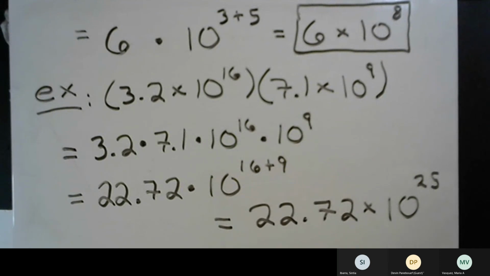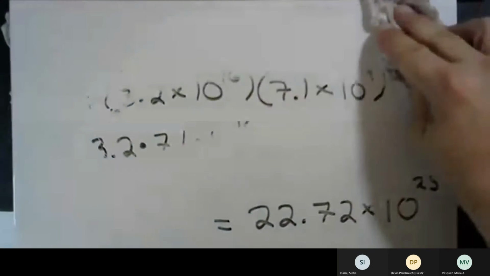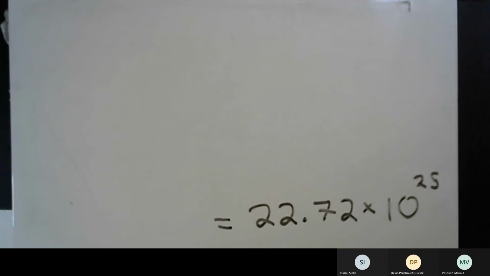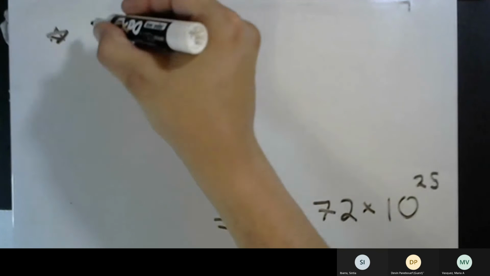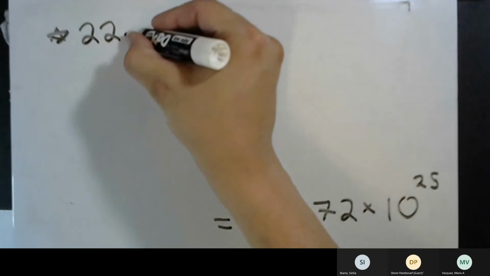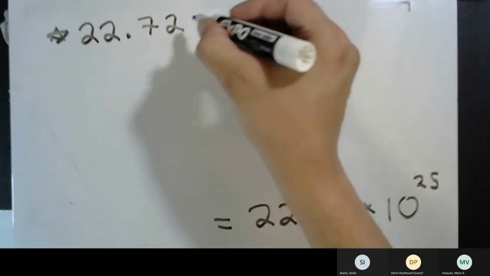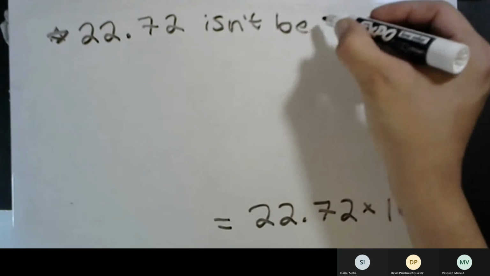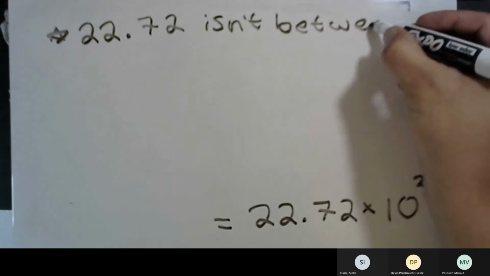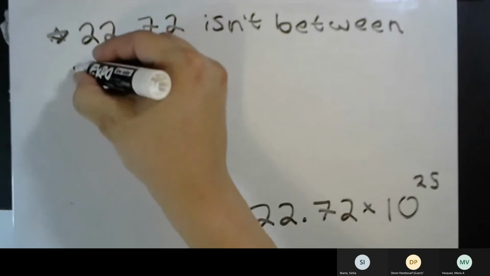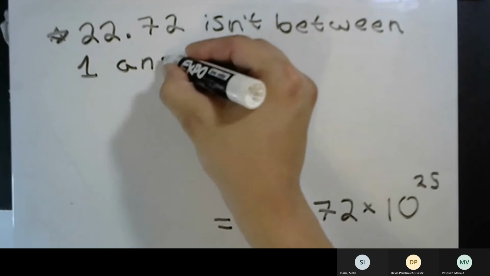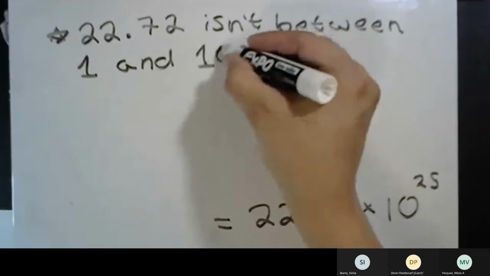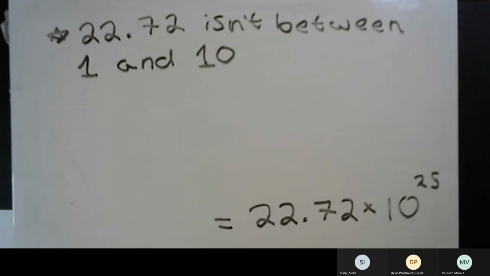But here's the thing. This needs to be between 1 and 10. It isn't between 1 and 10.